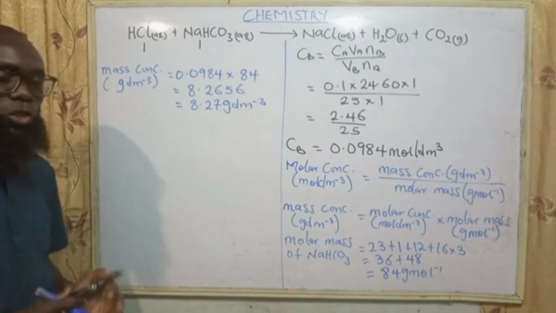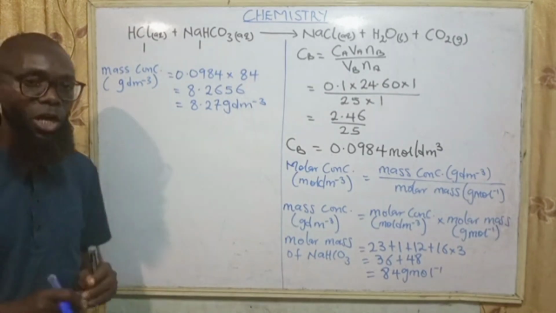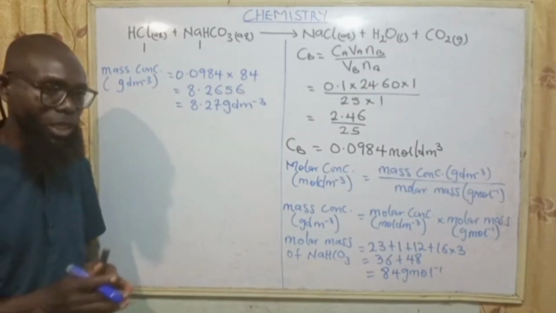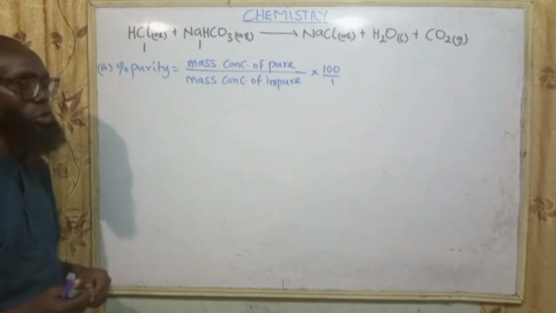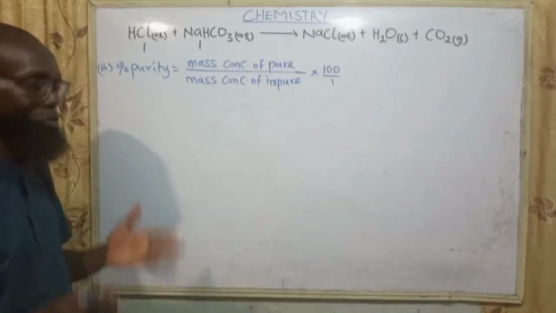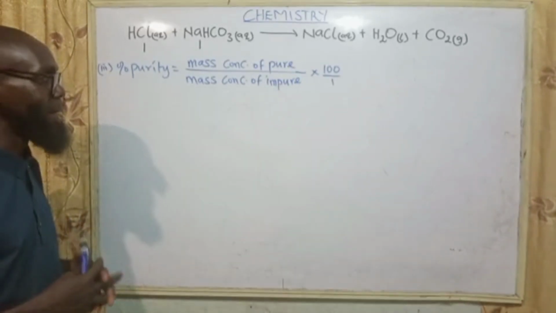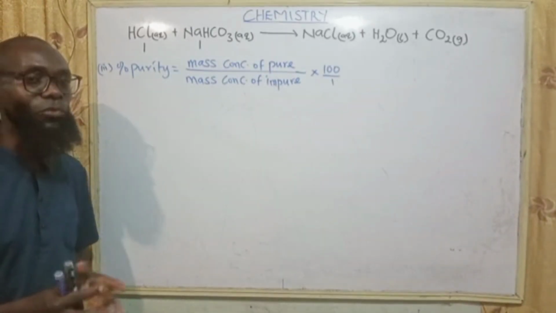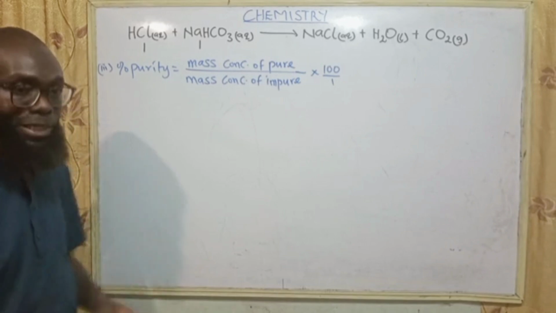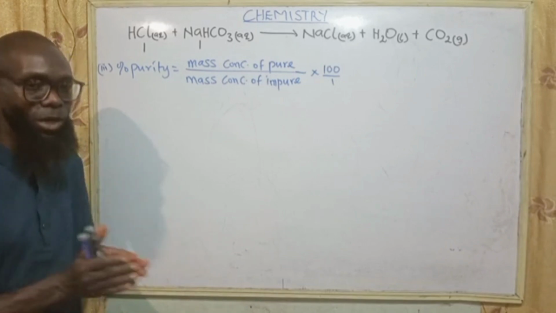So the third question is to find the percentage purity of sodium hydrogen carbonate. So we use this formula. Percentage purity is equal to mass concentration of pure over mass concentration of impure multiplied by 100 over 1. And don't forget, we're talking about percentage purity of sodium hydrogen carbonate.